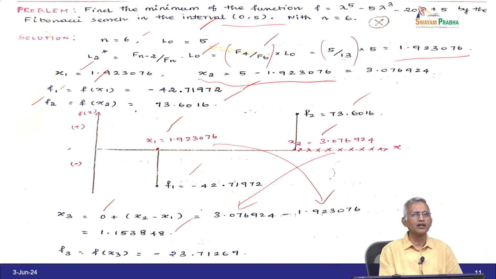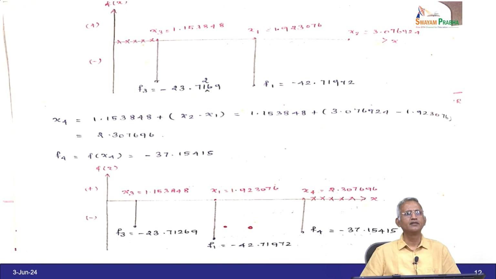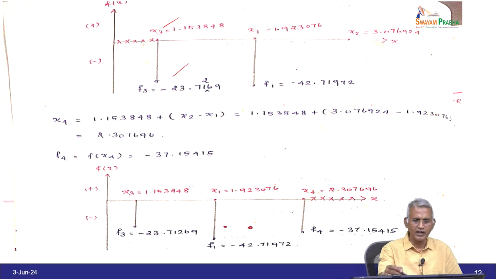Therefore, f3 equals f of x3 equal to minus 23.71269, and we have x3, x1 and x2. Comparatively, x3 is nearer to x1 and x2 is greater than x1 and x3, and we have f3 and f1.